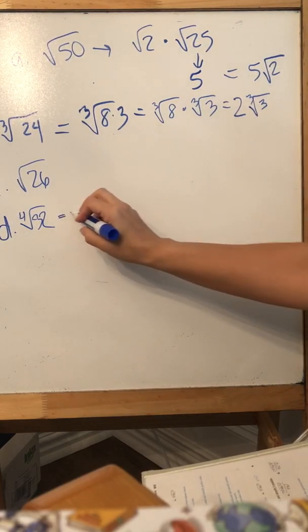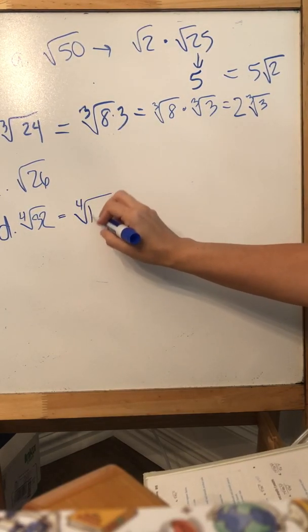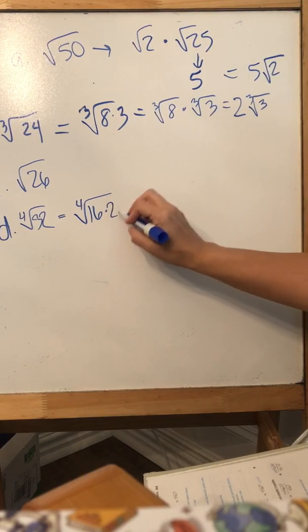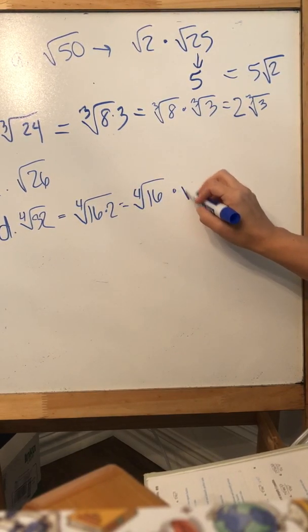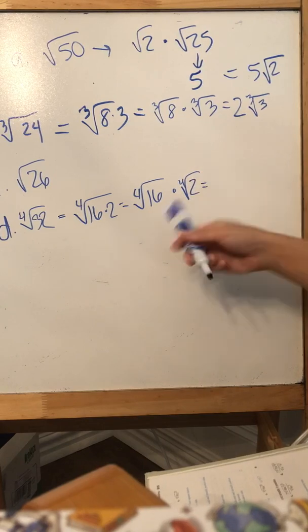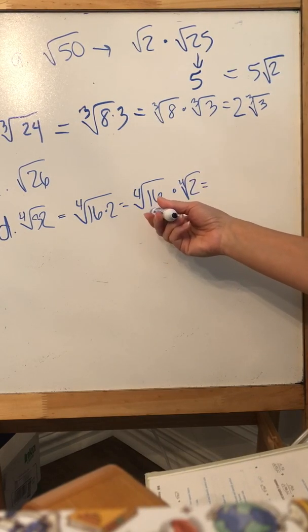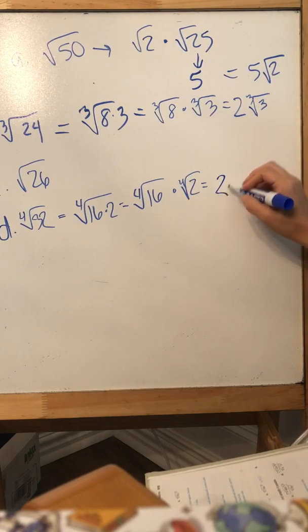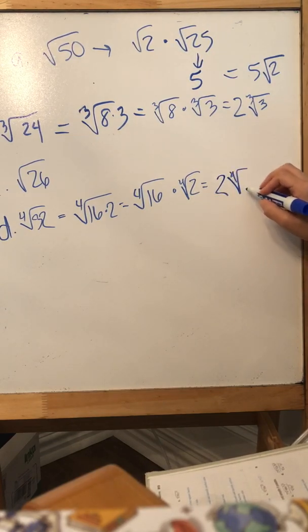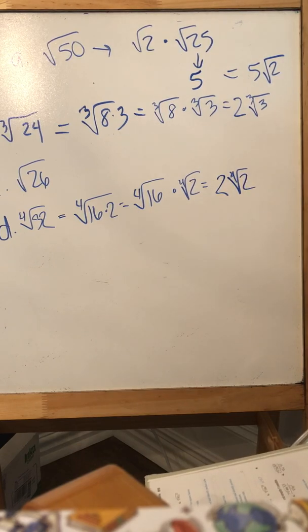So this can be simplified as the fourth root of 16 times 2. Write it separately now: fourth root of 16 times fourth root of 2. What is the fourth root of 16? It's 2. This one can't be simplified anymore, so you have 2 times the fourth root of 2. All right, press pause and do practice 3.